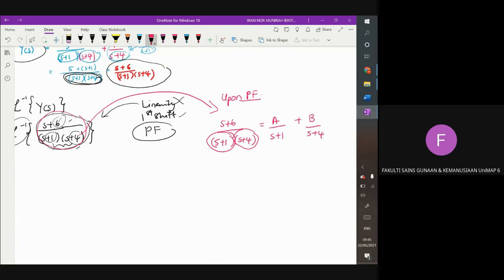We cross multiply and get only the numerator, because the denominators are the same on both sides. So I have s plus 6 equals As plus 4A, plus Bs plus B.